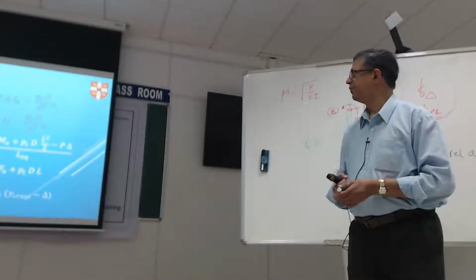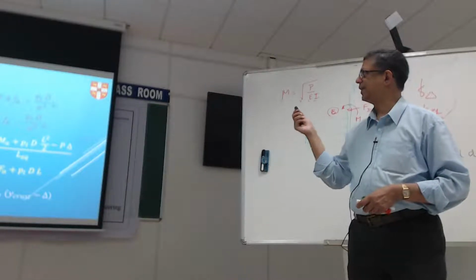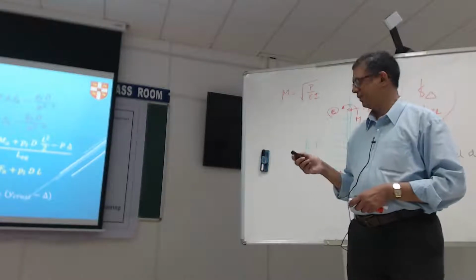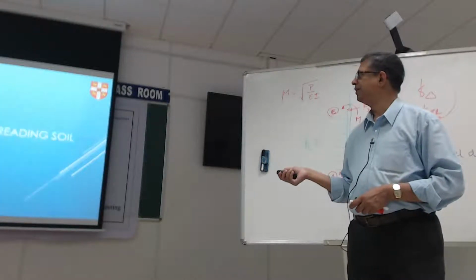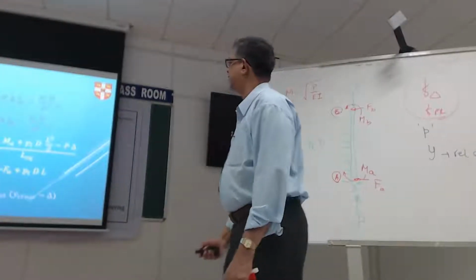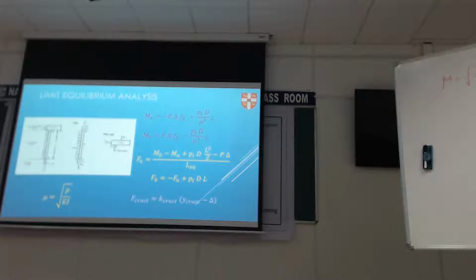So we have this expression for MA: P delta F delta minus PLD over mu squared FPL. And similarly for MB, the sign goes plus P delta F delta minus PLD, exactly the same as that.